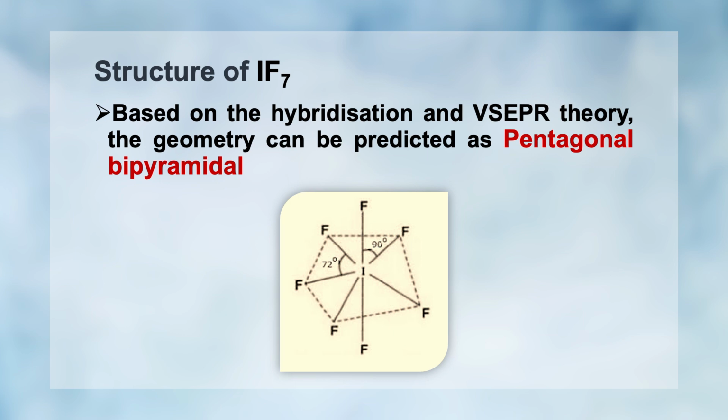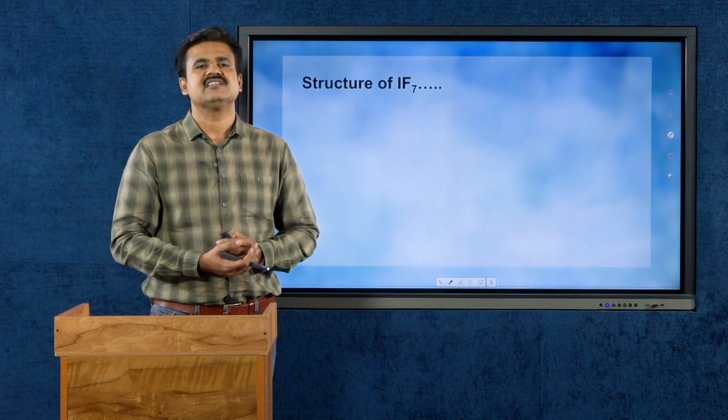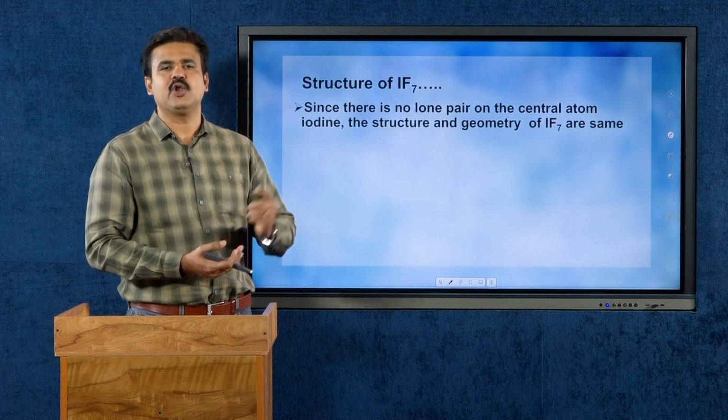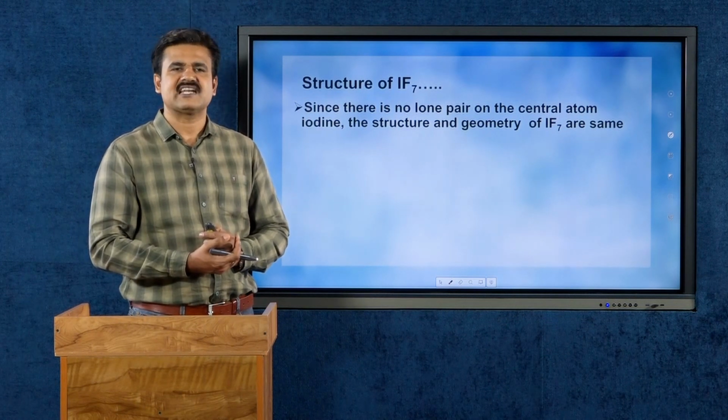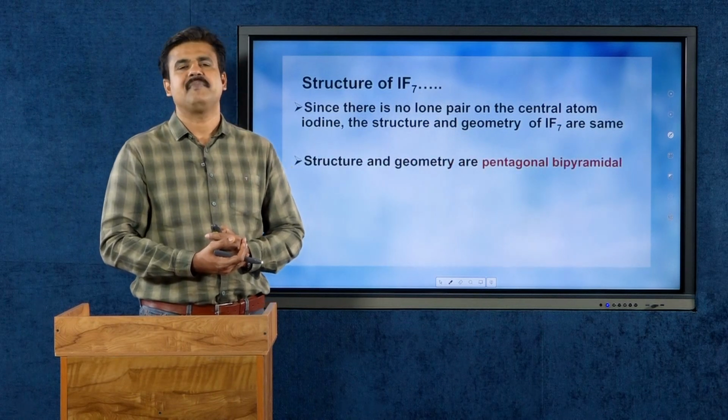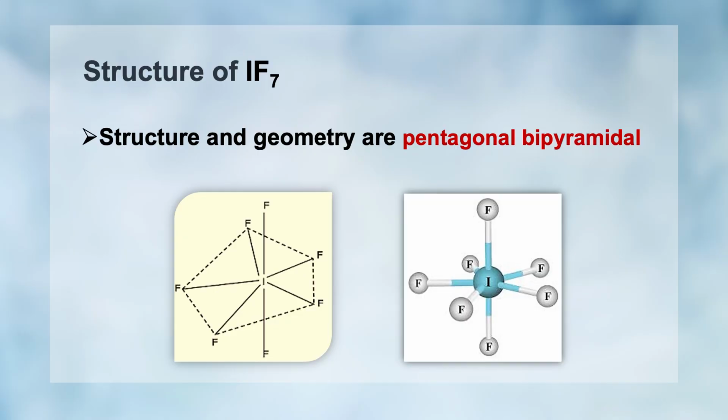That is, based on the hybridization and VSEPR theory, the geometry is predicted as pentagonal bipyramidal. The structure and geometry are the same. Both are pentagonal bipyramidal. That is, iodine heptafluoride depicts pentagonal bipyramidal geometry as well as pentagonal bipyramidal shape.